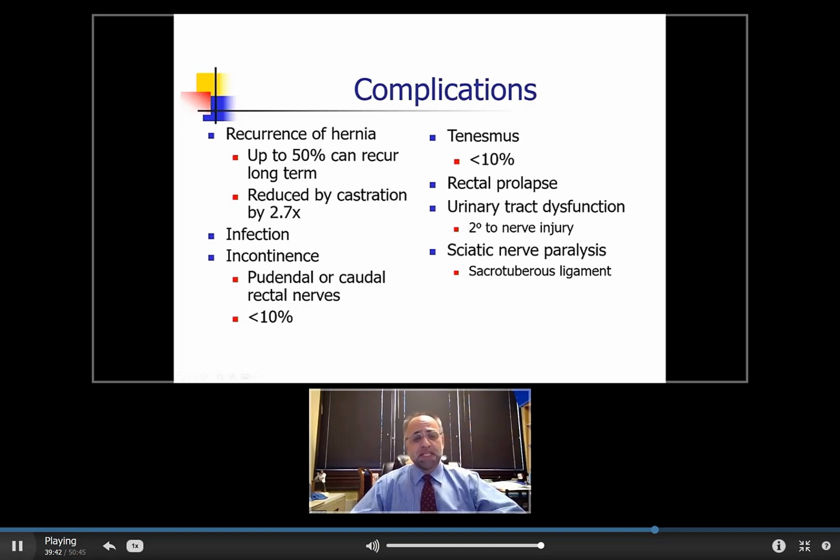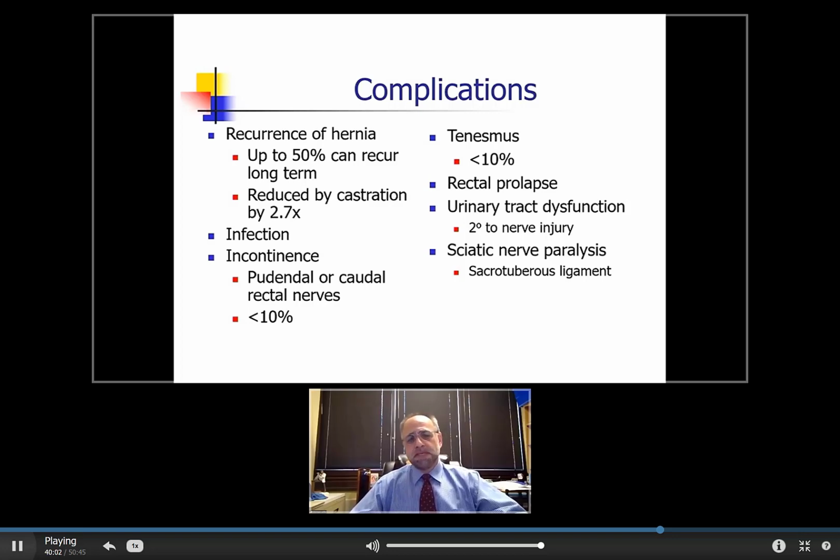Infection in that area is a concern, again, because of our incision that's present along the area of the anus and rectum. Incontinence can be an issue, so we have to be very careful that we're avoiding the nerves, the neurovascular structures that go through that area, and the likelihood of incontinence is very, very low.